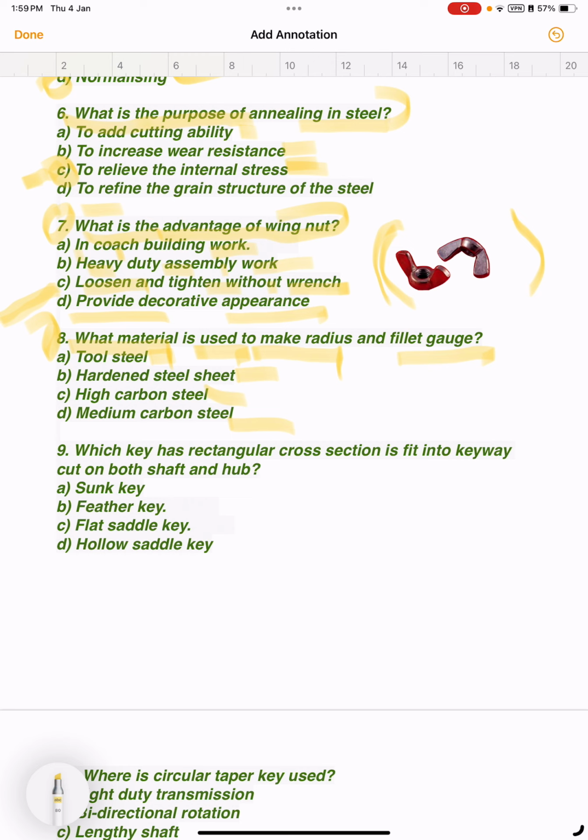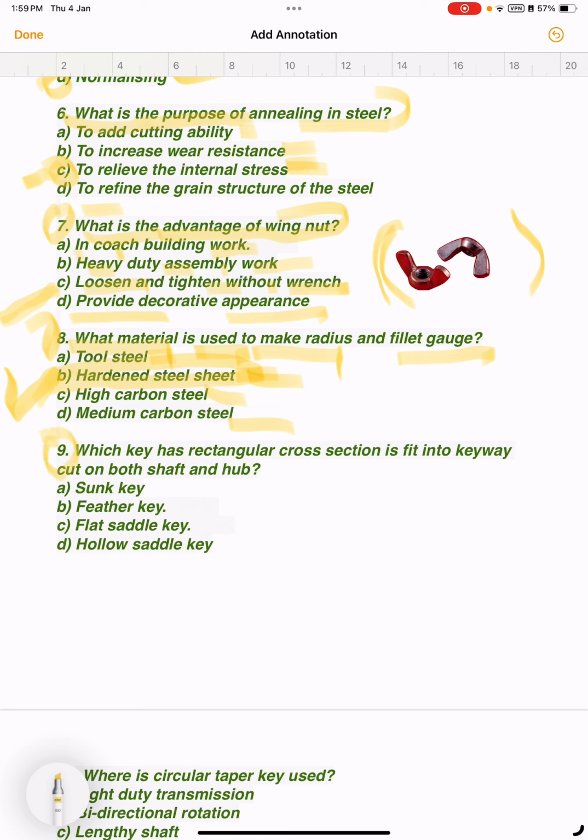No, this one is confusing. What material is used to make radius and fillet gauge? Sorry, the answer is hardened sheet steel, because the fillet gauge is a thin type of gauge.